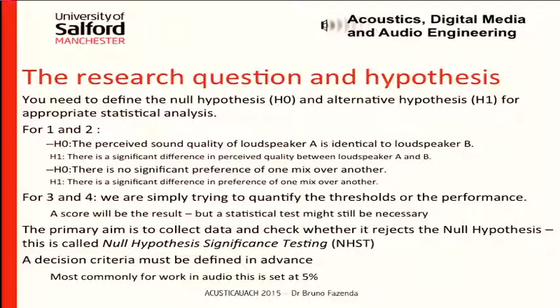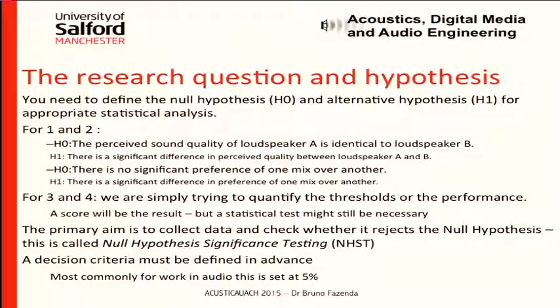And what you do then is try to run the test so that you can reject the null hypothesis. You can say the null hypothesis is not true, and therefore I can go for the alternative hypothesis that there is indeed a difference.